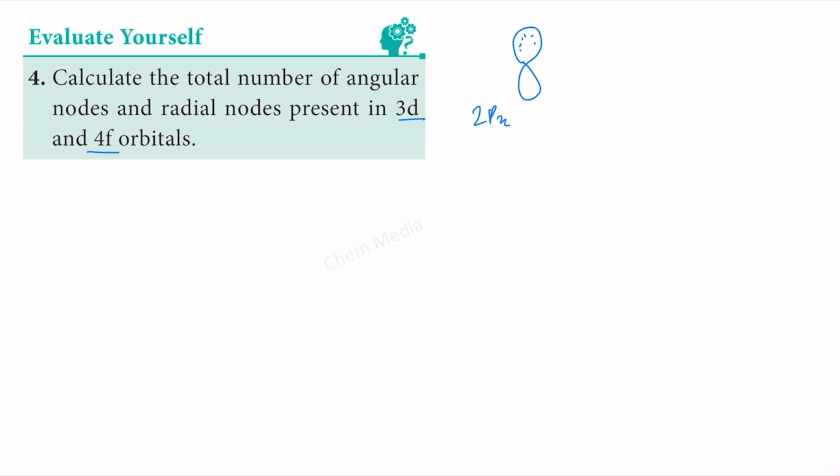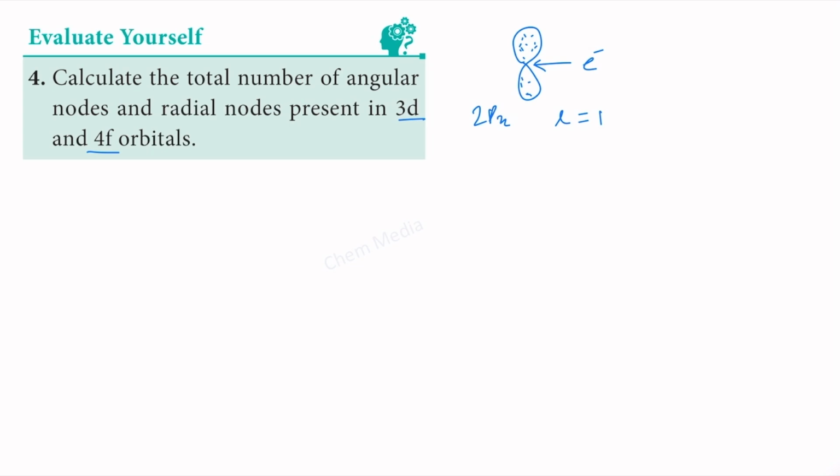Electron could be anywhere here or here, but in between at this particular region the probability of finding the electron is 0. So that's what we define as a nodal plane. So for a p orbital, let's say for 2px orbital in this case, the angular node will be equal to 1, because for p orbital the value of L, the azimuthal quantum number, is equal to 1.